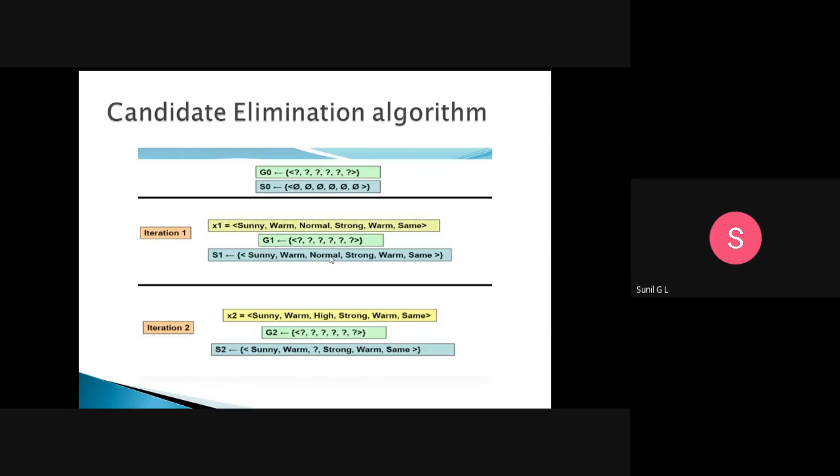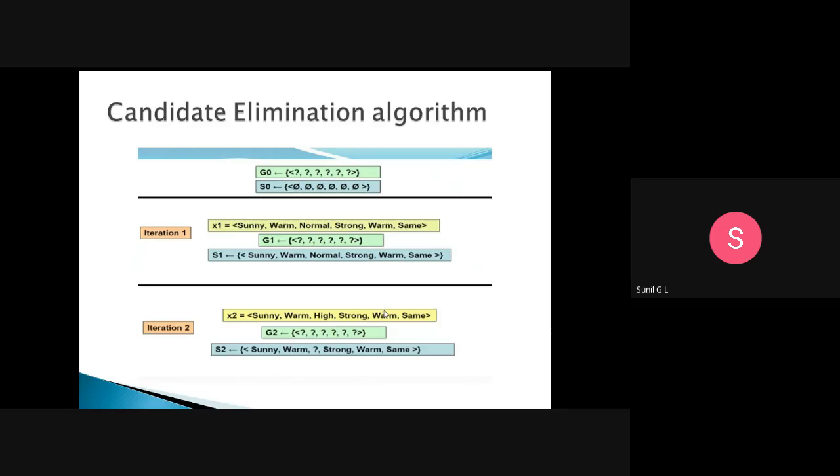When there is a difference, here normal and high are different, so we go for the general hypothesis value, the question mark. Strong and strong are the same, keep the same value.